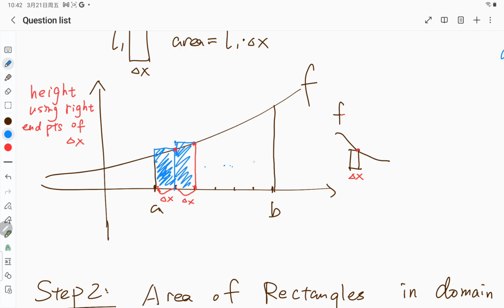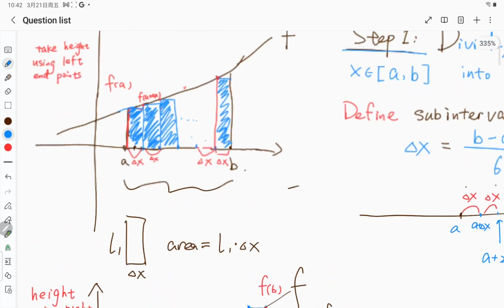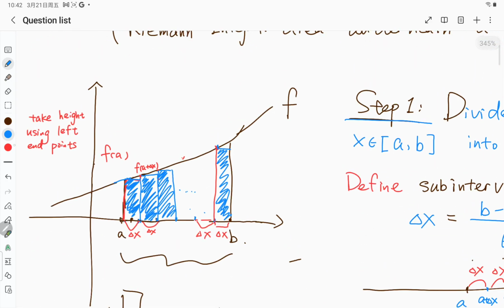So we repeat until the last interval, and I take the right point, and here it would be f(b). Here in the last interval, the right endpoint would be f(b). So I again take a horizontal line and draw a rectangle like this. So the last height that we take would be f(b), and the previous one is at b minus delta x.